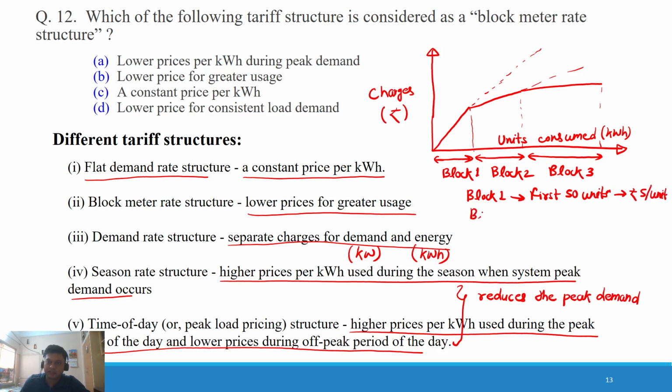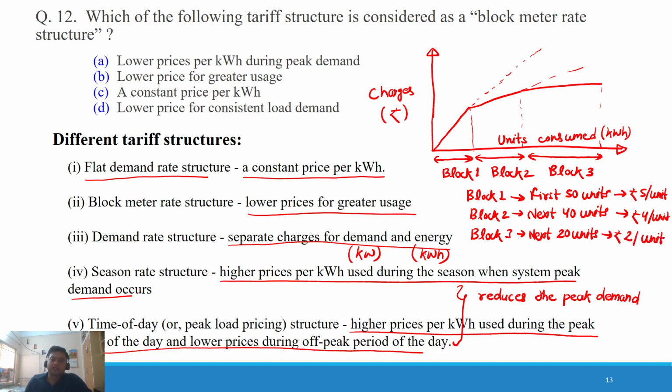And for block 2, the next 40 units are charged at rupees 4 per unit. And for block 3, the next 20 units are charged at rupees 2 per unit. So this denotes the block rate structure.